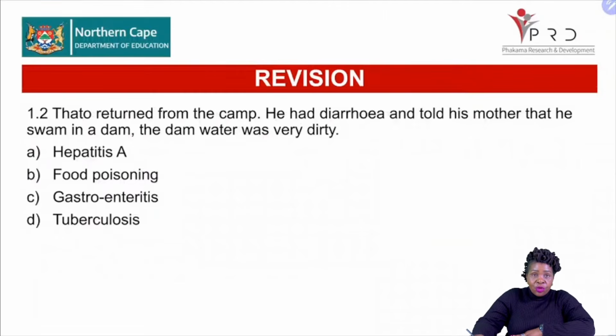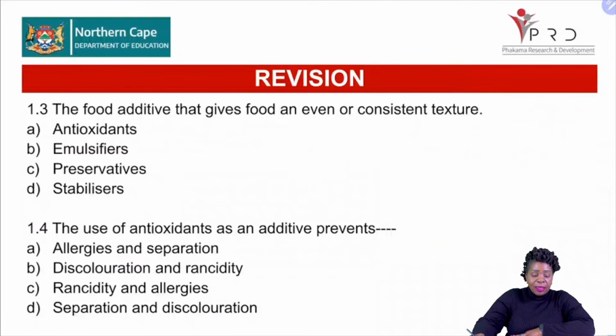We move on to question 1.3 says the food additive that gives food an even or consistent texture. A. Antioxidants, B. Emulsifiers, C. Preservatives, and D. Stabilizers.